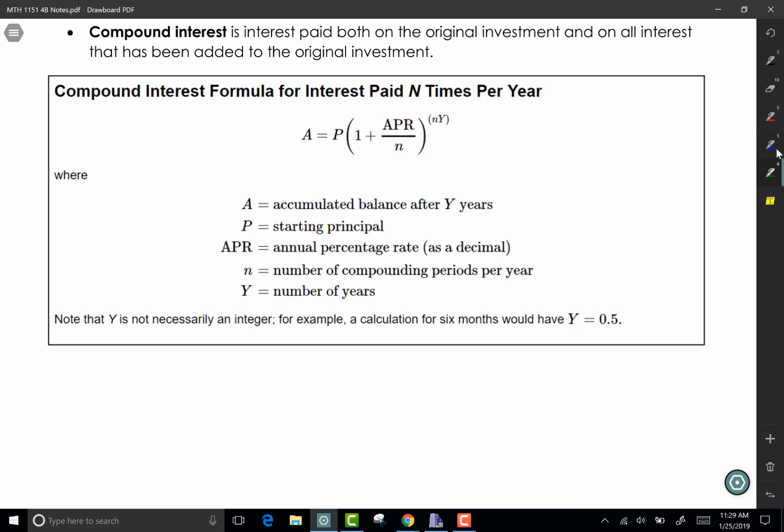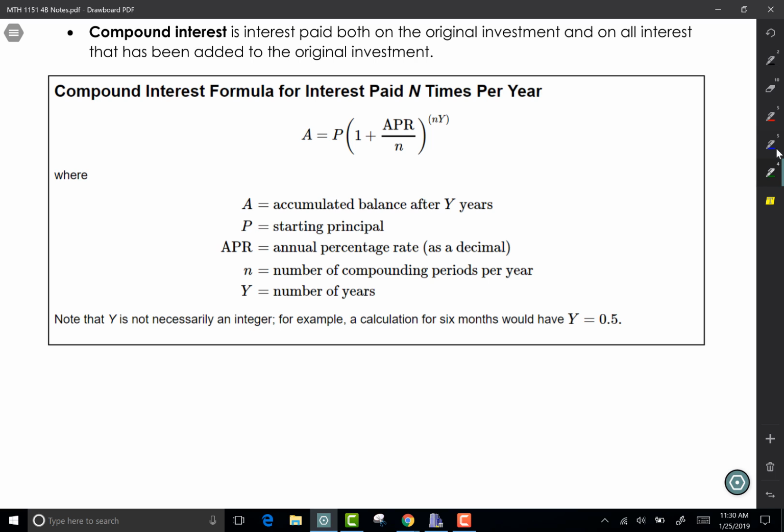That's the accumulated amount. P is your principal in the formula. APR is your annual percentage rate, but when we put it in the formula, we've got to remember to put it as a decimal. For example, if the interest rate is 5%, we want to put it in as 0.05.